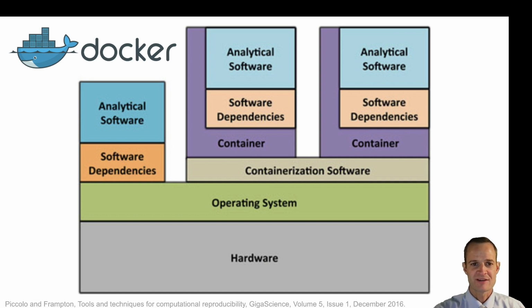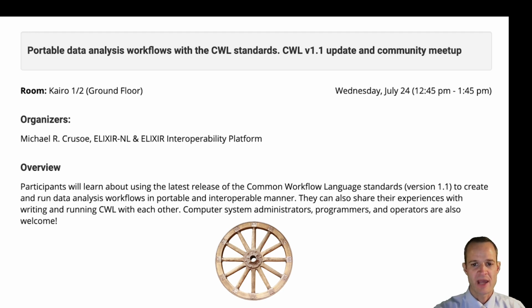So we started looking into this, and I even wrote my own pipeline tool, which I guess every bioinformatician has to do at some point. And then I went to a workshop at the ISMB conference in 2019 and learned about CWL and have been digging into it ever since and see it as a great resource, a great way to standardize pipelines.